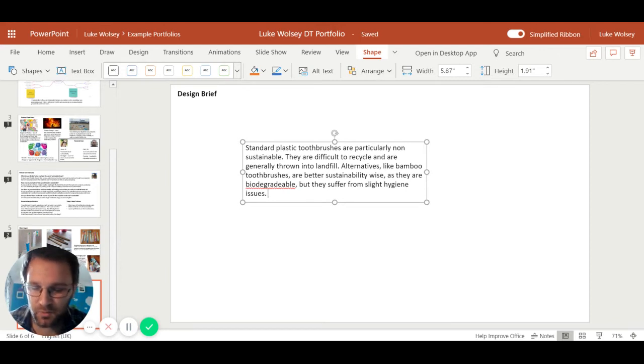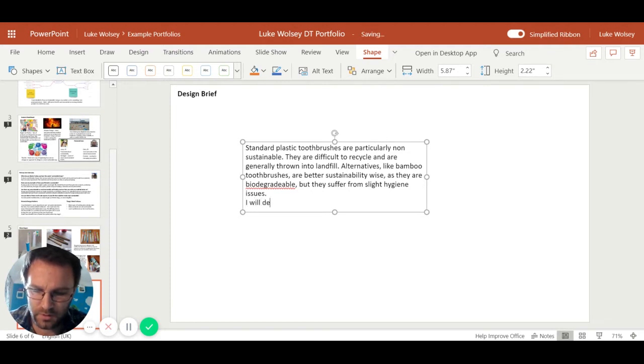If I say I will design a toothbrush which is 200 millimeters long, is made from ABS plastic, and has removable brush heads that can be thrown away with no sustainability penalty, that's too specific. It's constraining my thinking for the next few stages, for the design stage. So what I'm going to do is keep this quite vague.